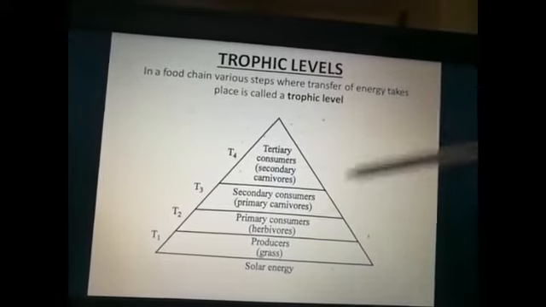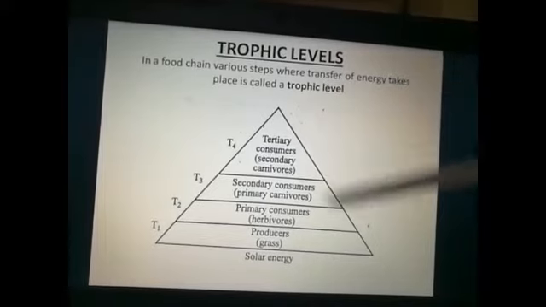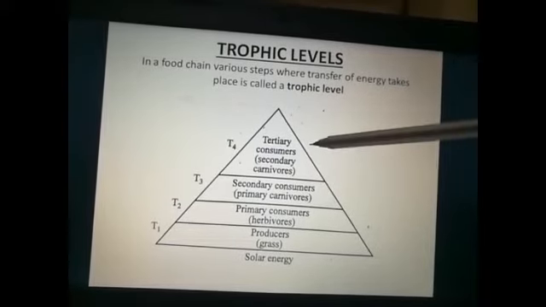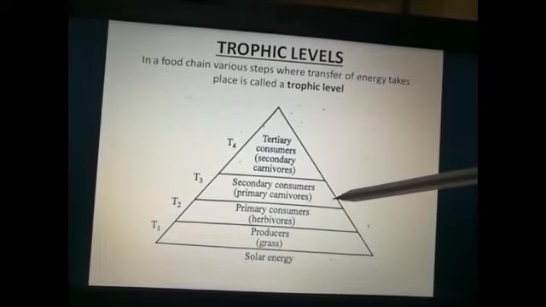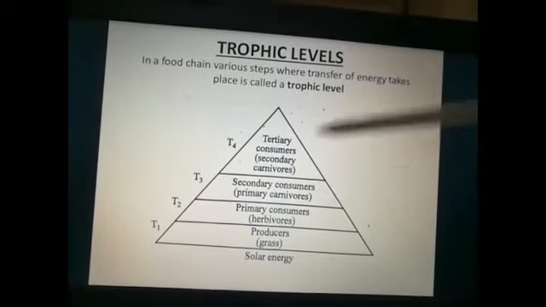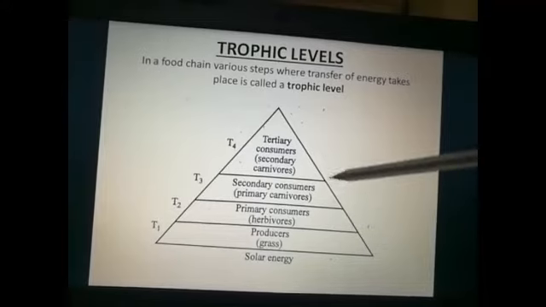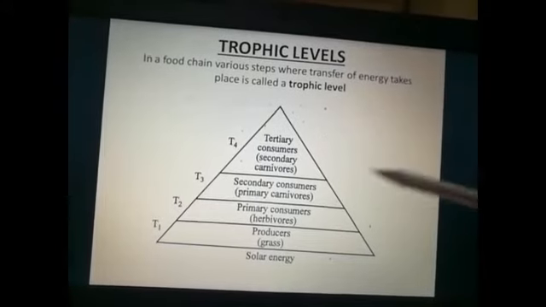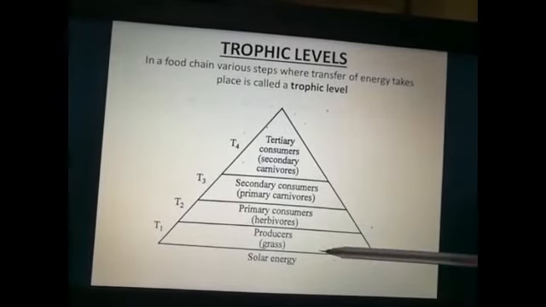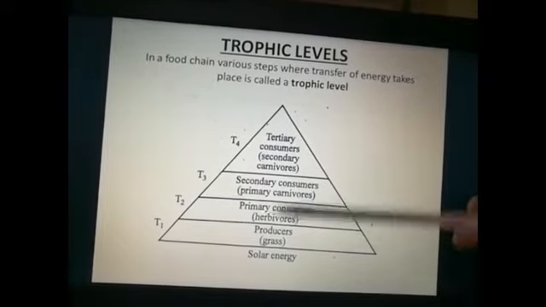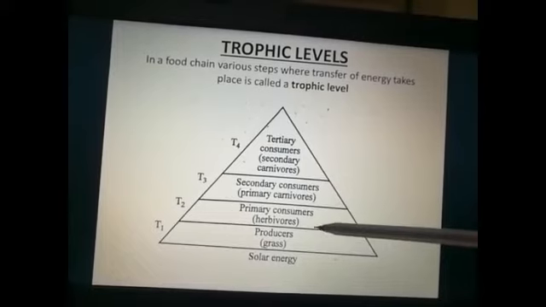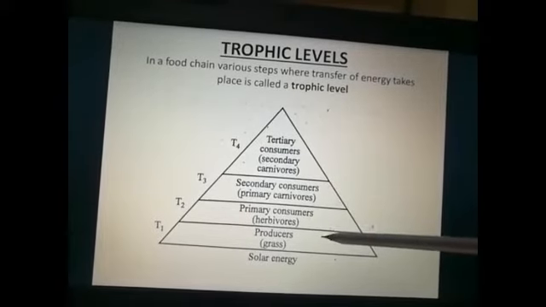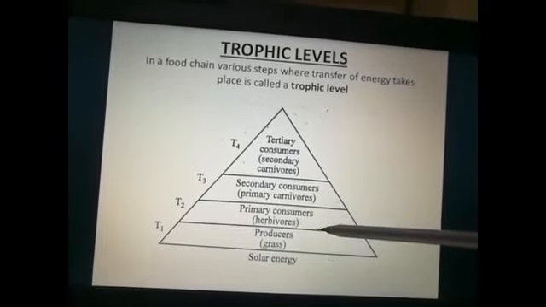Here you can see the graphical representation of the different trophic levels, which we call the ecological pyramid. In the form of a pyramid they have shown the different trophic levels. The first trophic level, T1, is of the producers. A food chain always starts with producers.